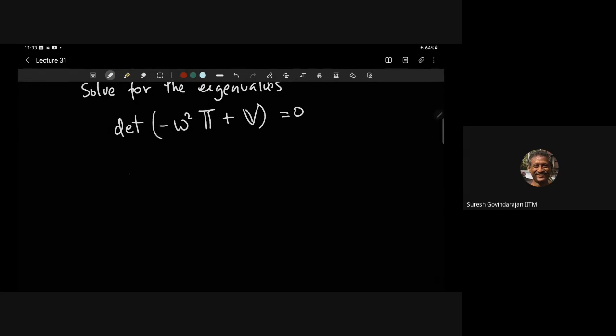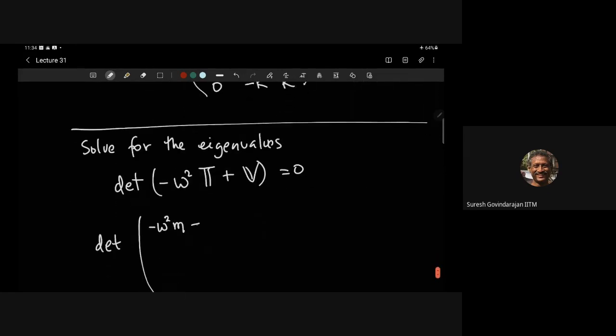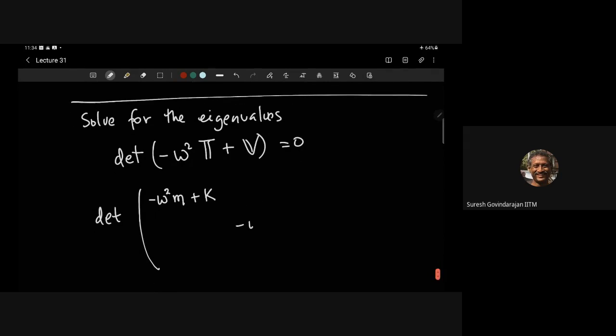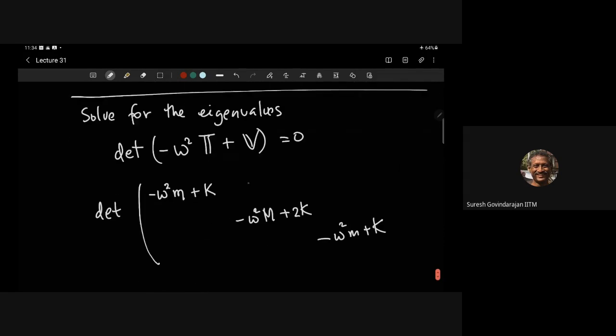So we get minus omega square into little m plus k, and off diagonal terms come completely from only these sides.